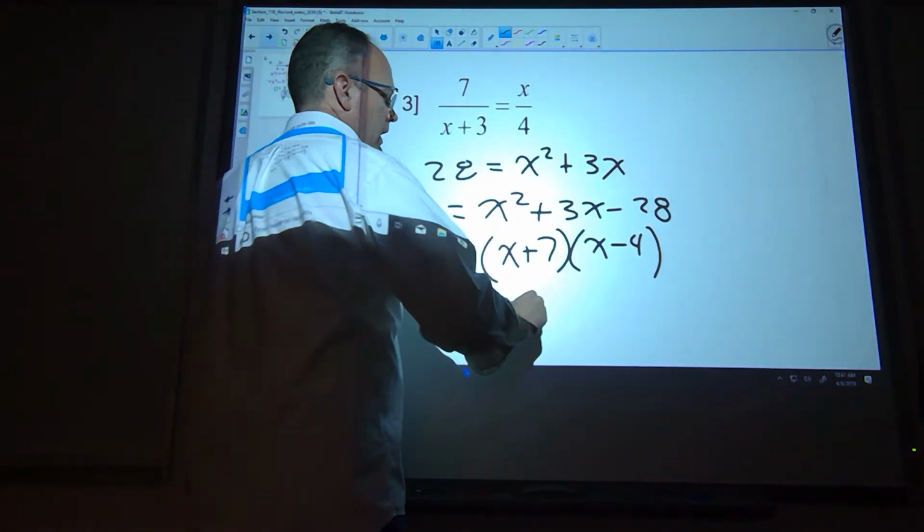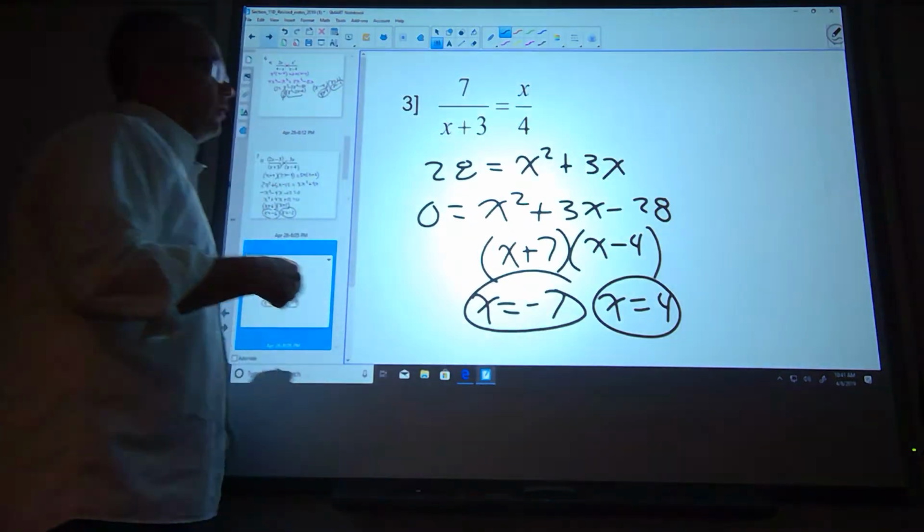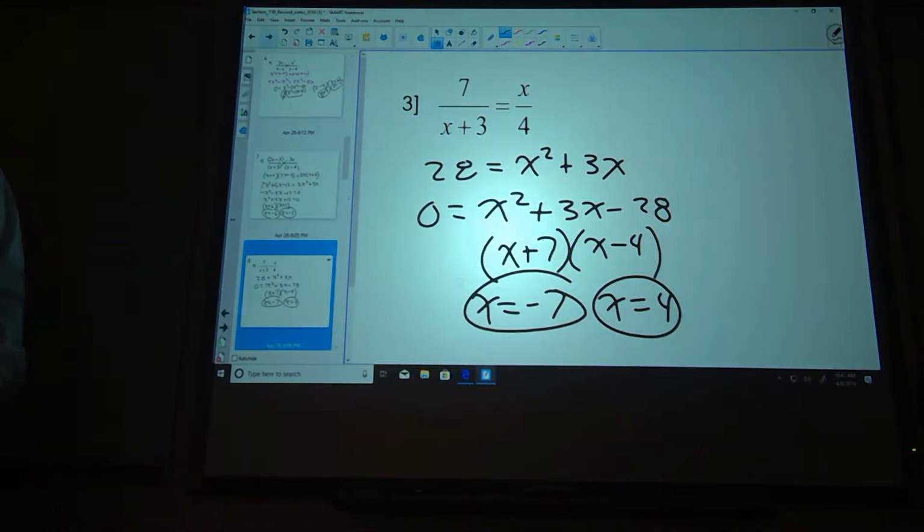So my answers are x equals -7 and x equals +4. Do any of those give me a denominator of 0? Nope. Two solutions. And again, if you graph this on your graphing calculator, you could have the left side as y1 and the right side as y2. Adjust your window so you can see it, and you would see that it would cross at two x intersections. You're not worried about the y intersection.